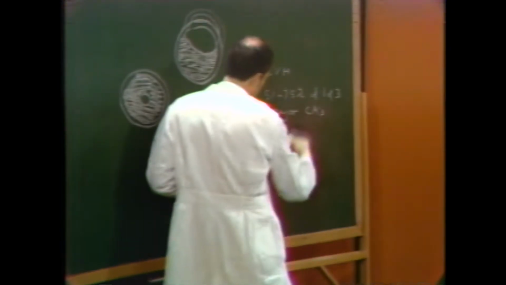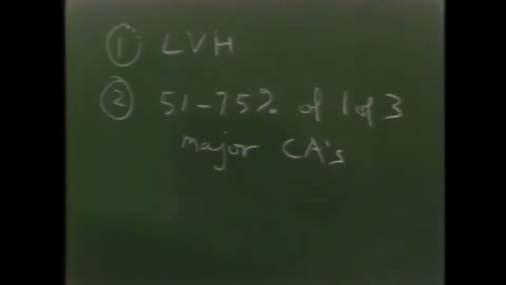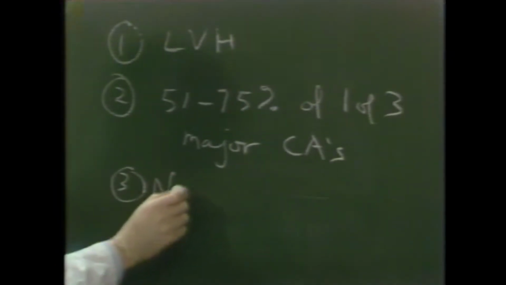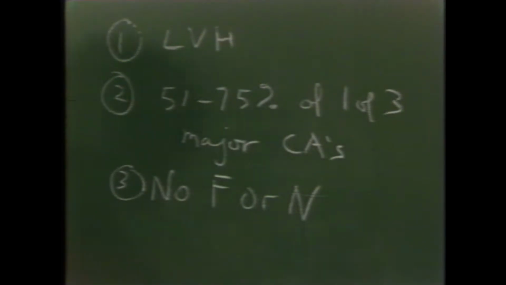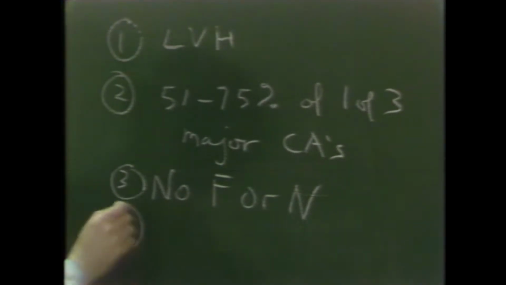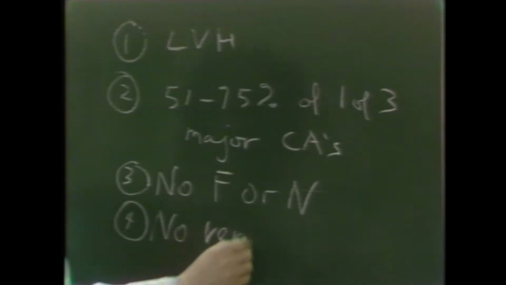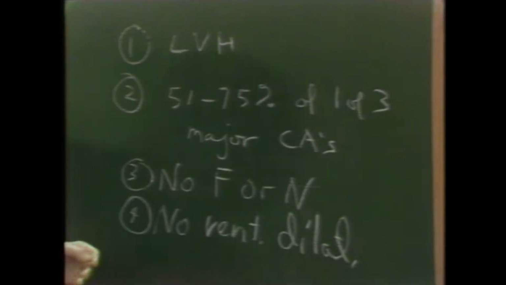And that's focal, and the others are wide open, and they're also quite sizable, very dilated. Number 3, there's no fibrosis or necrosis of myocardium. 4, there is no ventricular dilatation of either RV or LV.